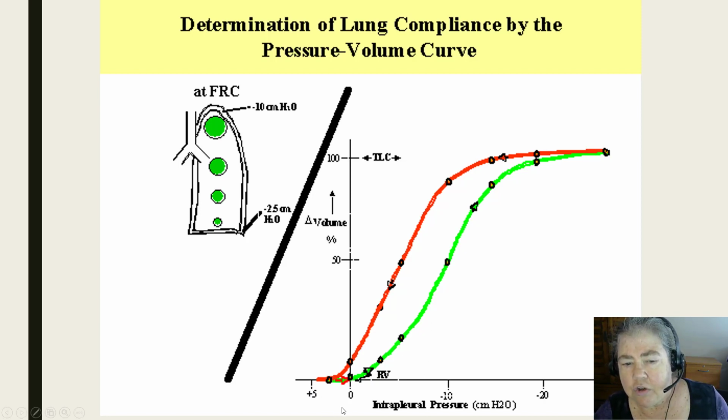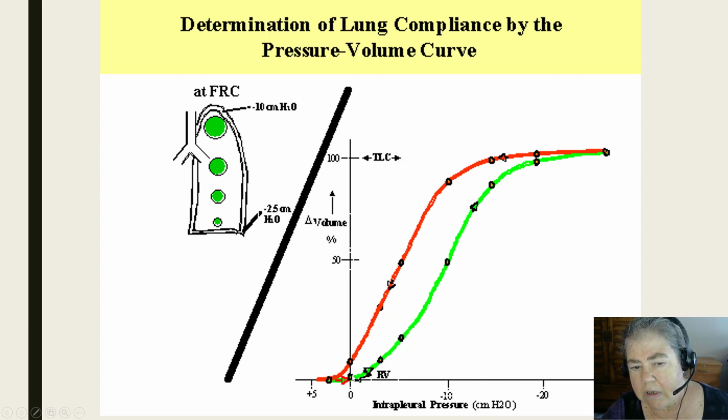And as you begin to inhale, your intrapleural pressure, which is considerably lower than the intraalveolar pressure, in centimeters of water might get to -20 or -30.